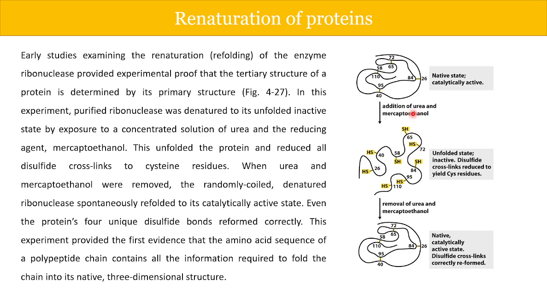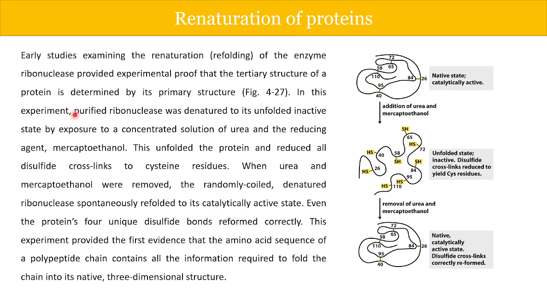An addition of urea and mercaptoethanol entirely unfolded the protein. So the unfolded state is inactive. In the presence of the reducing agent, the disulfide crosslinks cannot be formed due to the reduced cysteine residues. Now, upon removal of urea and mercaptoethanol, you get back to the native chemical structure.